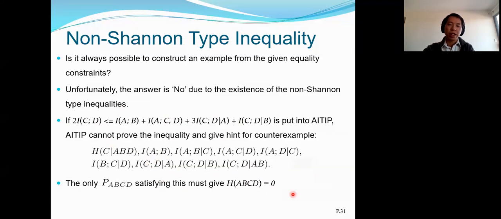But does it mean that we cannot use AITIP to prove non-Shannon type inequality? Or let me say in another way, what it means by non-Shannon type inequality, if we consider this problem in an algebraic approach.